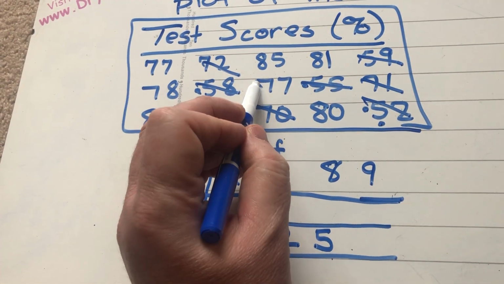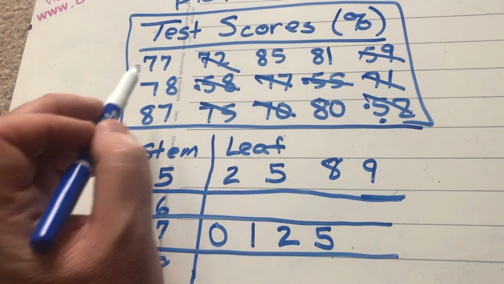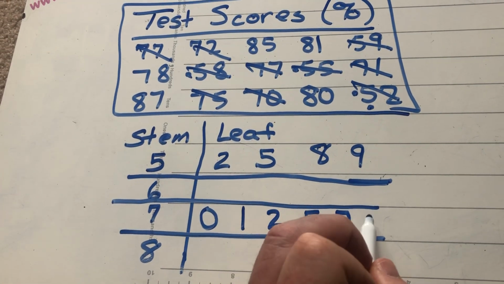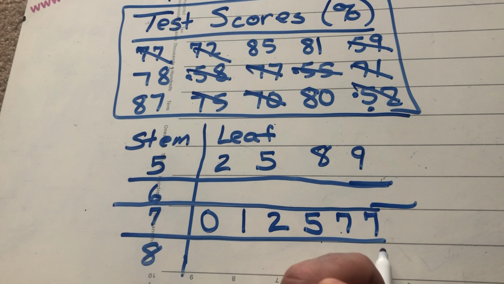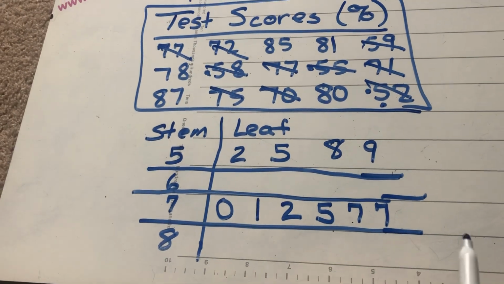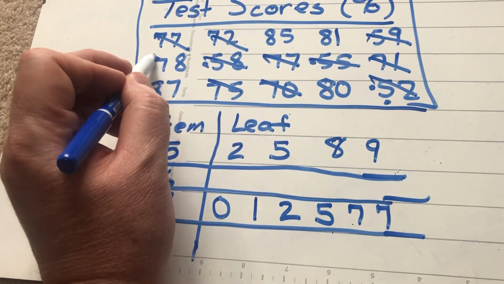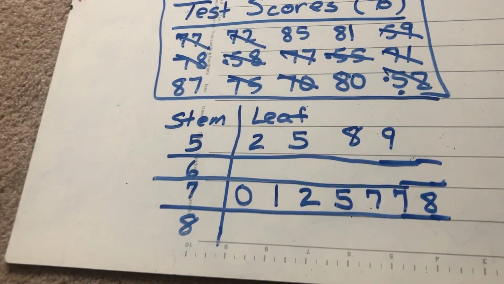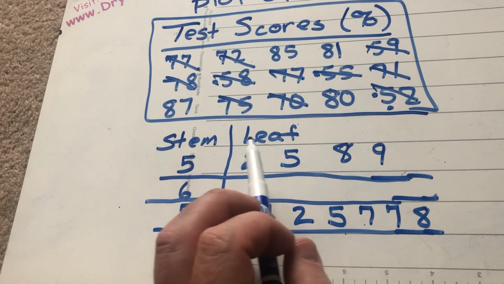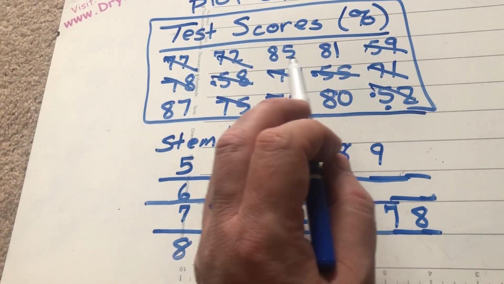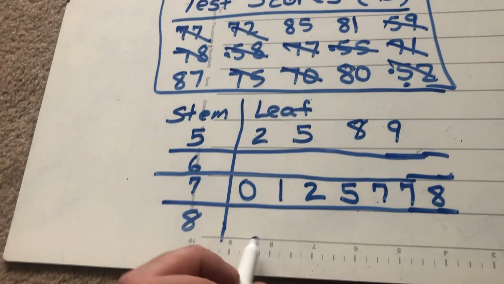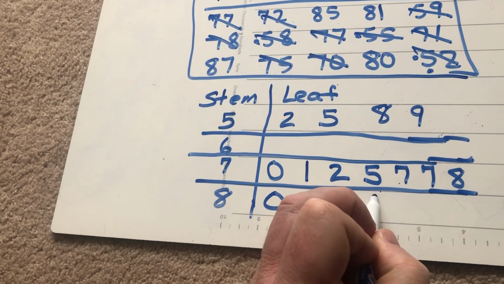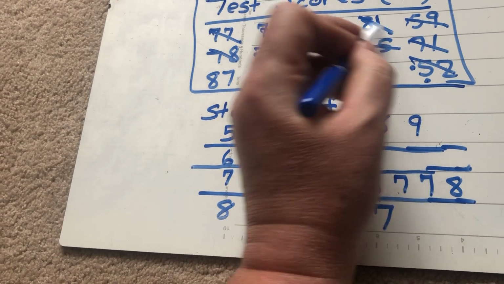And it looks like I've got a 77 and another 77, which means that I'm going to put two 7s to show that there are two 77s. And I also have a 78, which means I'm going to put my 8 in there. Okay? Then for the 8s, it looks like I have 80, 81, 85, and 87. So I'm going to have 80, 81, 85, and 87.